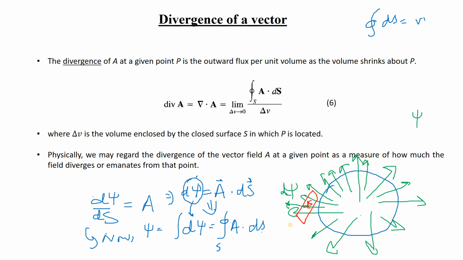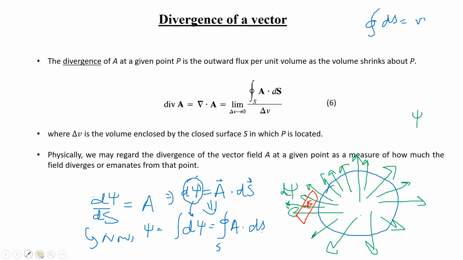Now what is the amount of flux coming out per unit volume? The area was for flux density, because the amount of flux coming out from this area is flux density, and the total flux is psi.